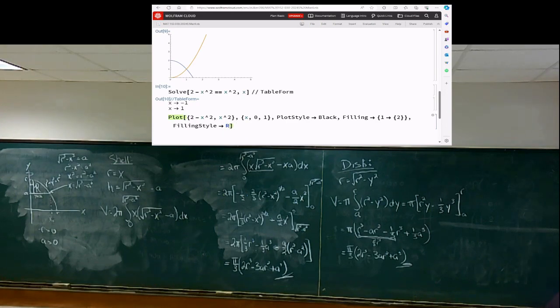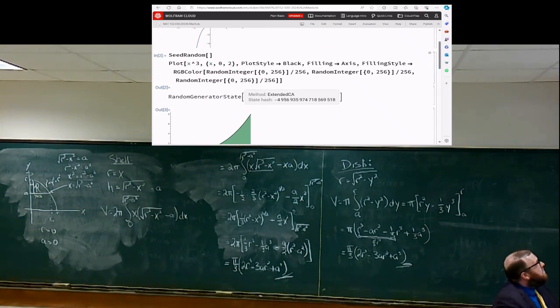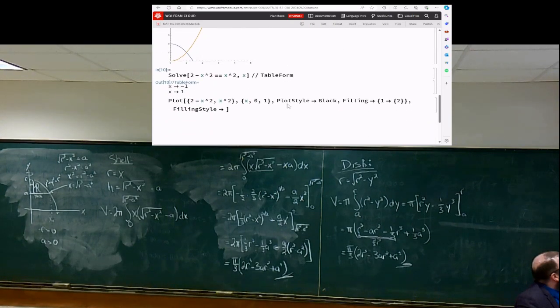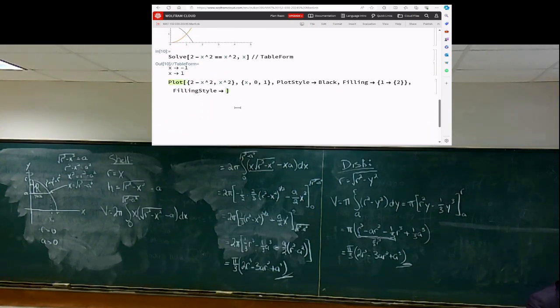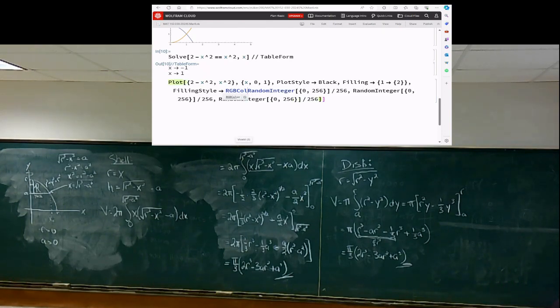I don't even need that. I'm going to go up. Copy it. Oh, and I forgot the RGB. Oh, of course I did. So now I'm going to have to add that back in. Okay, whatever.